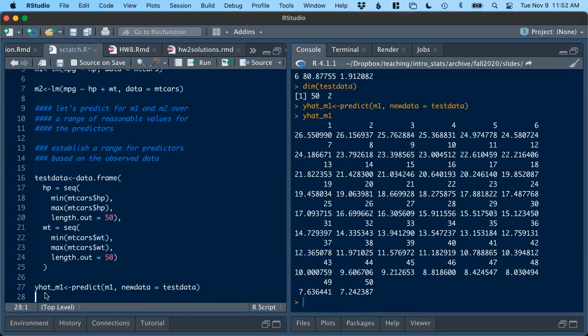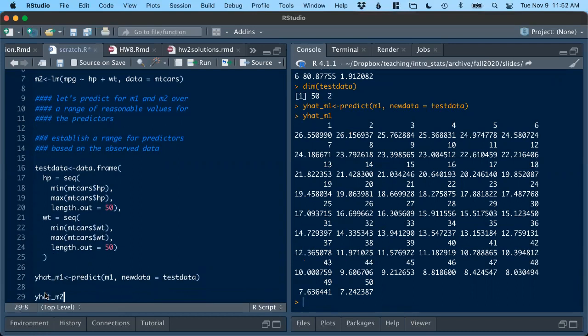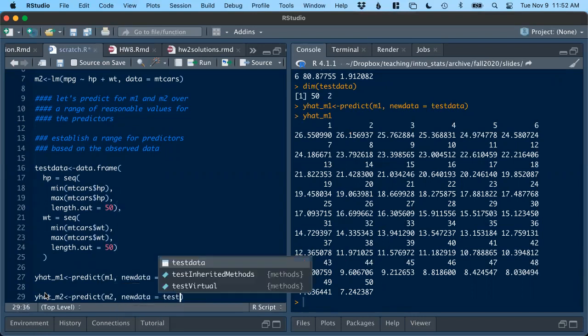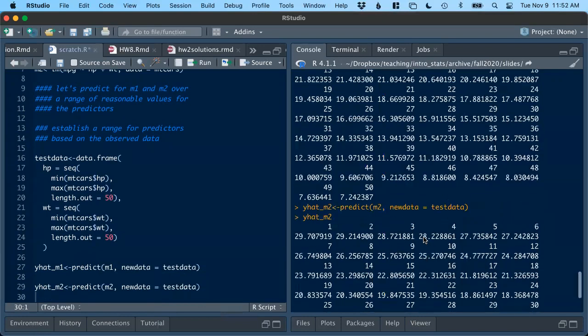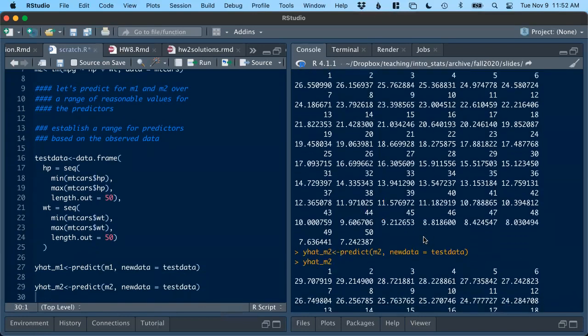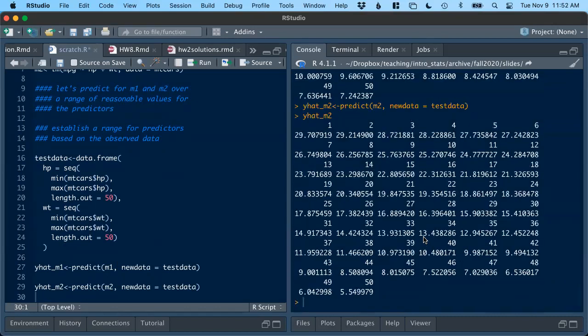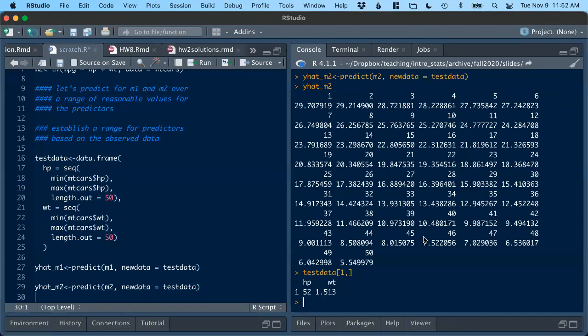Now let's do the same thing for model 2. Y hat M2, predict M2, new data equals test data. And let's see what we get there. So compare. Model 1 predicted row 1 at 26.55 miles per gallon. Model 2 predicted, so we predicted like row 1 in new data. So let's actually pull that out. Okay, so test data bracket 1. So we'll pull out the first row.